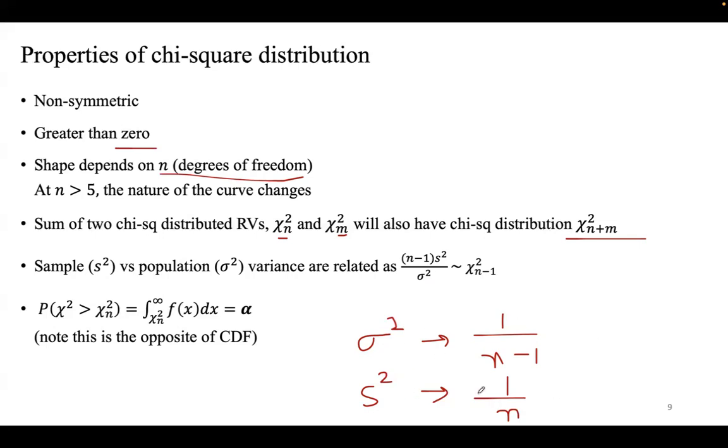This is just how it is. So if you multiply S squared with n minus 1 and divide it by sigma squared, then this follows a chi-square distribution with degrees of freedom n minus 1.